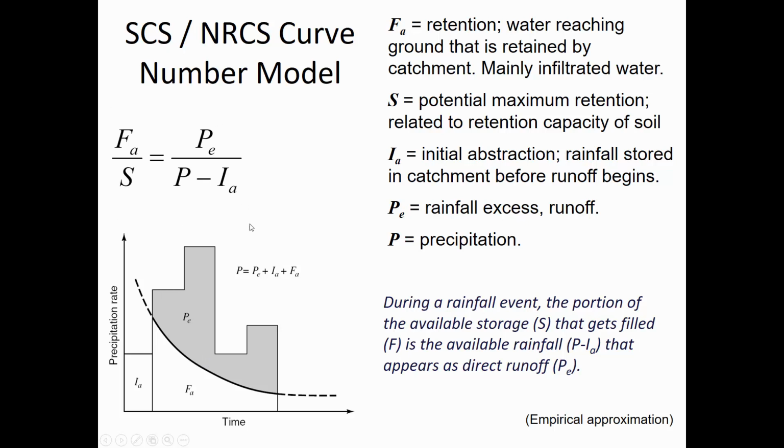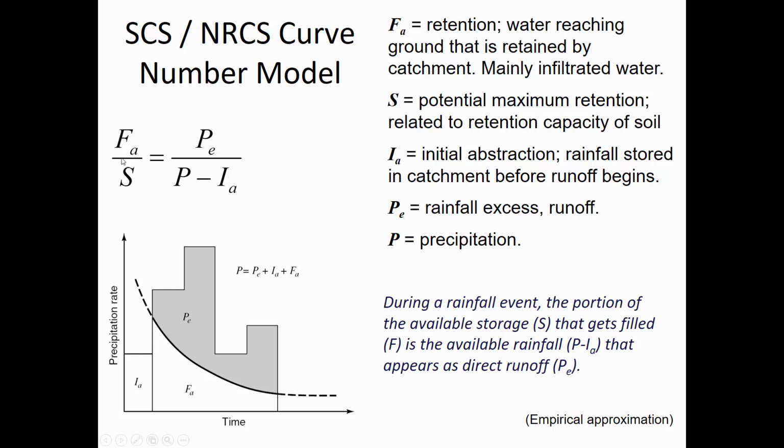Now here is an equation that relates those three quantities. It's saying that the ratio of retention to something that we're going to calculate as storage, the potential maximum retention, S, we can calculate with a related curve number property. The curve number is related to the land use and the soil type, and there are tables of data that say for certain soil types and certain land uses what the curve number is going to be.